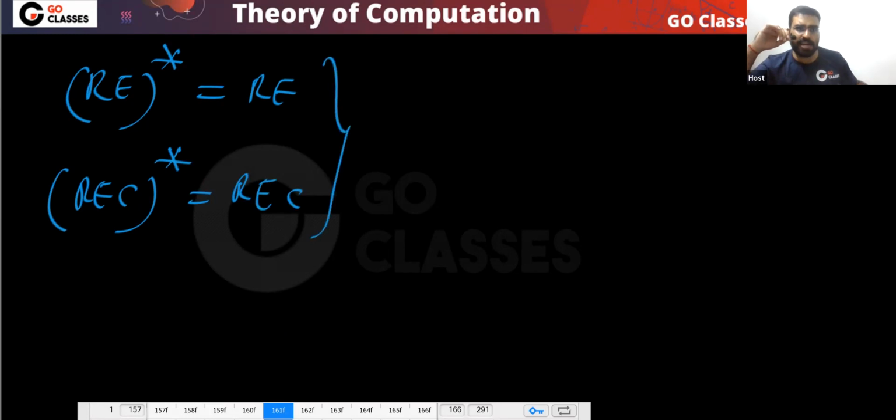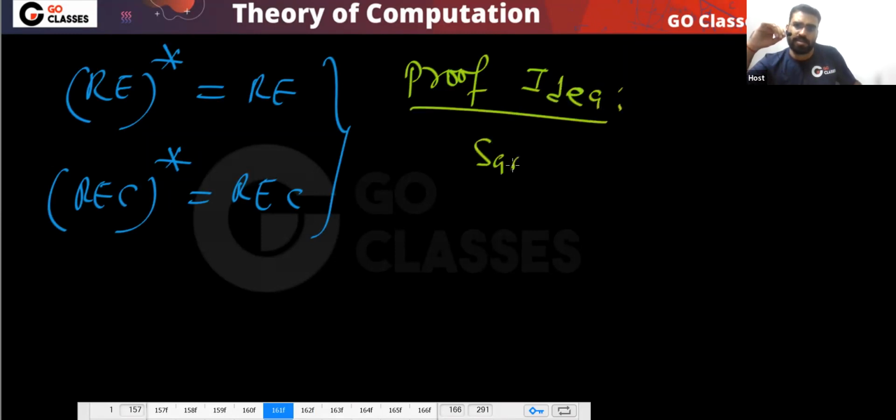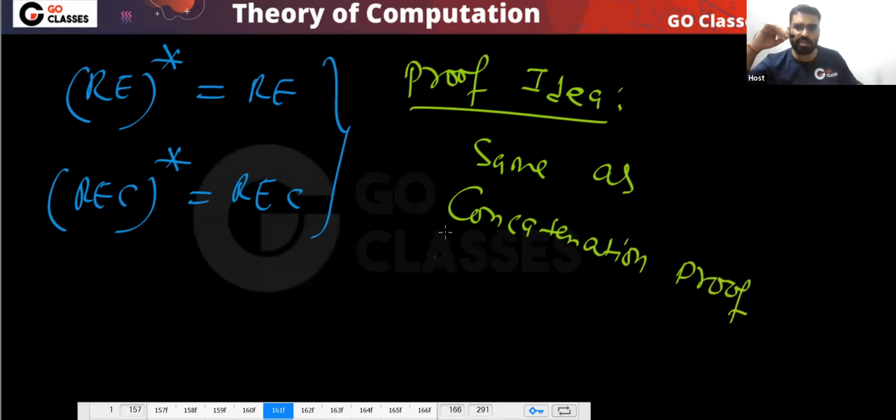The proof idea will be the same as the concatenation proof: basically use non-determinism.